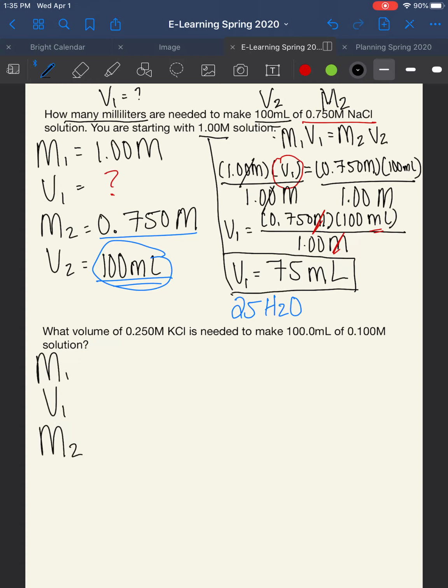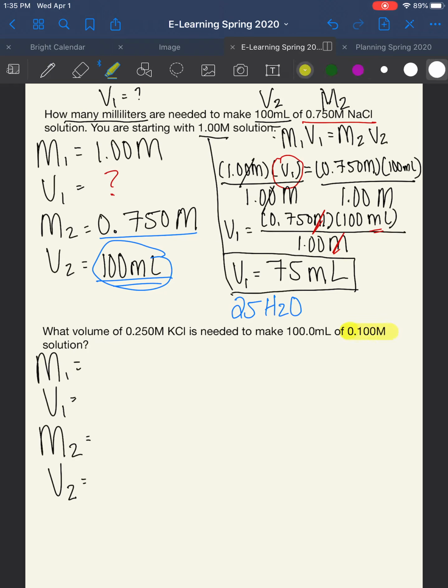M1, V1, M2, V2. Again, the ones is everything before dilution. The twos is everything after dilution.